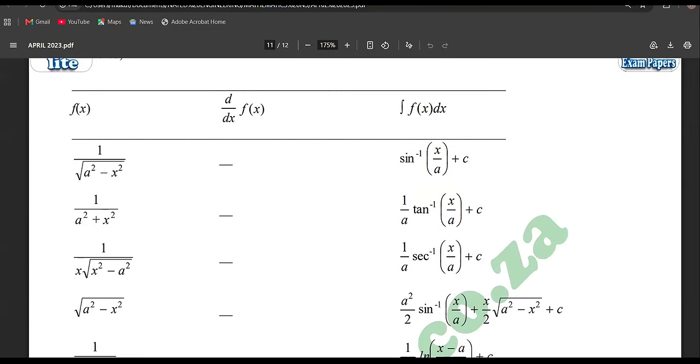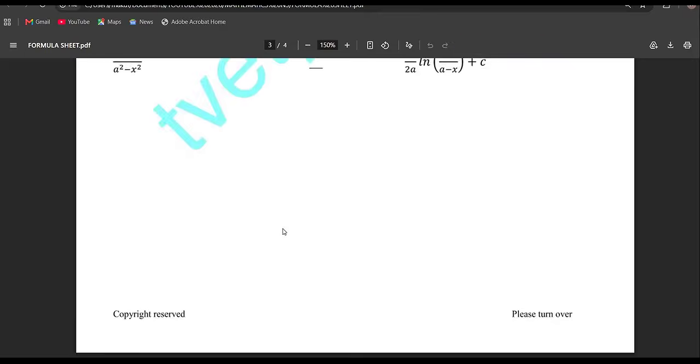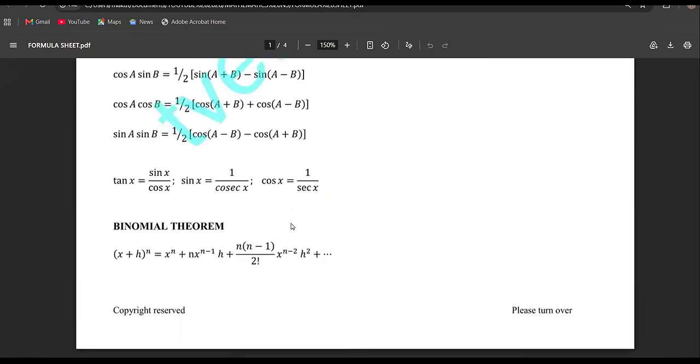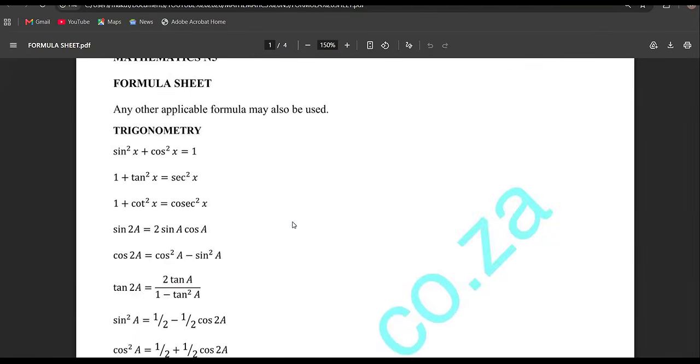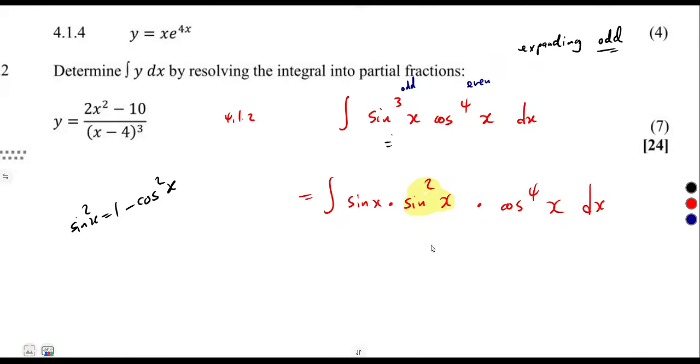We can make it the subject of the formula from here. So that is what you simply play around with from what you're given. So that is what we need to substitute here.